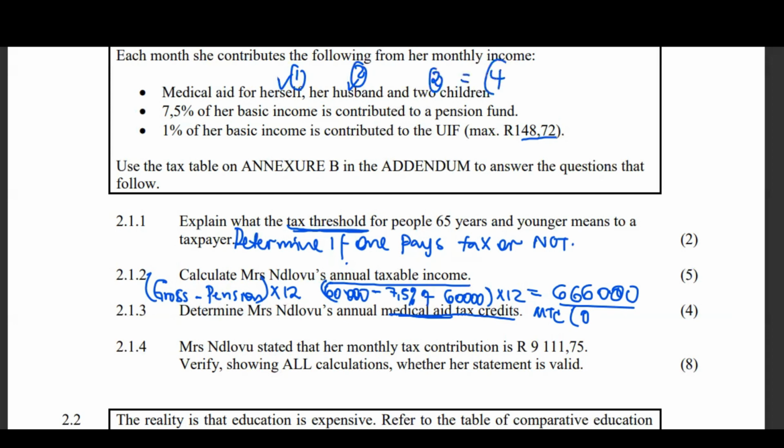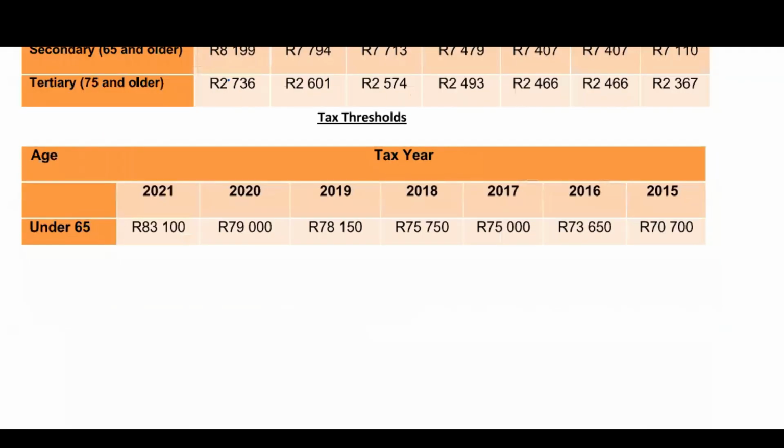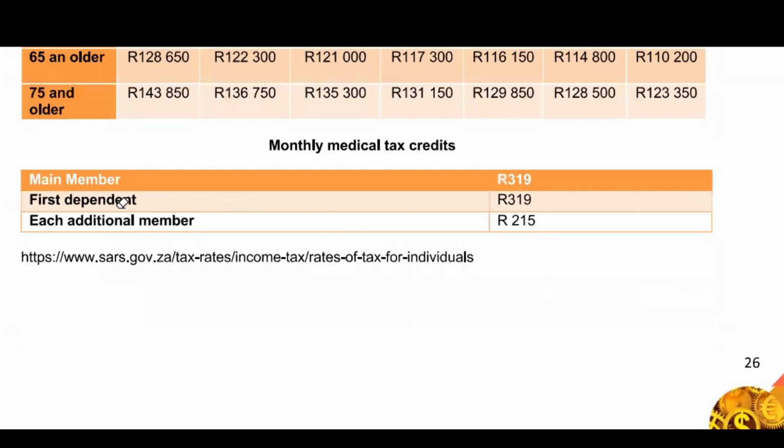So the family has 4 people on medical aid. We shall check the table where medical aid is. Medical tax credits are like this. There are 4 people: the main member, who is Mrs. Ndlovu, will take one amount, the first dependent will take another amount, and each additional member will take 215.